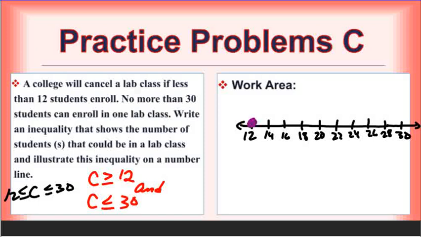Filled in circle on 12 because it can equal 12, so it has to be greater than or equal to 12. Filled in circle on 30 because that's the max they can have. Less than, so any of those numbers between 12 and 30, they can have a class. That is our lesson today on graphing pairs of inequalities on a number line.